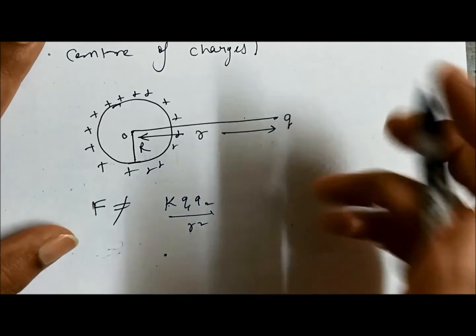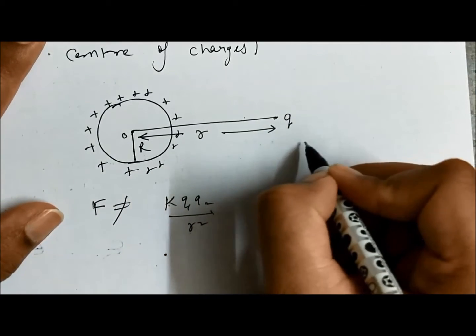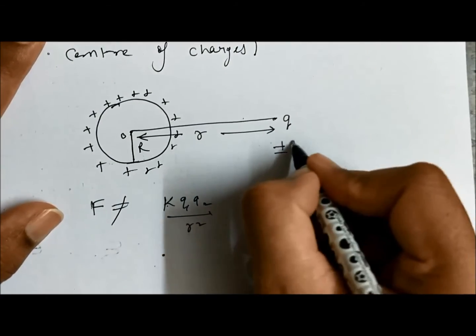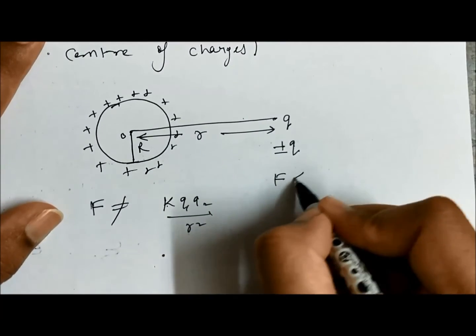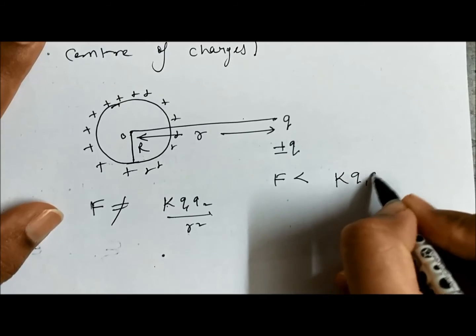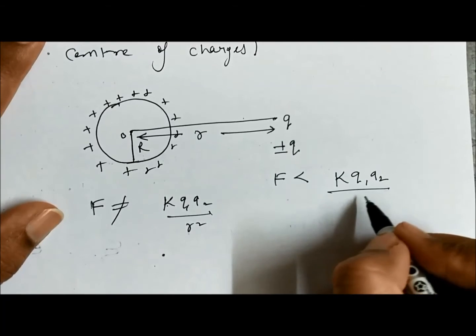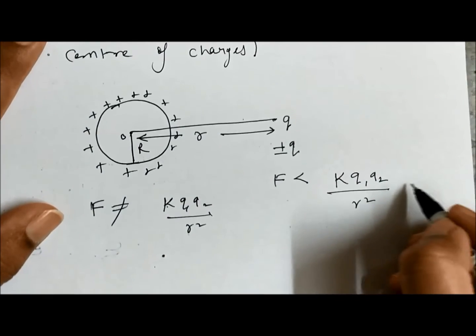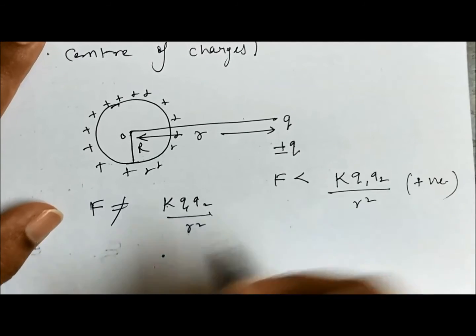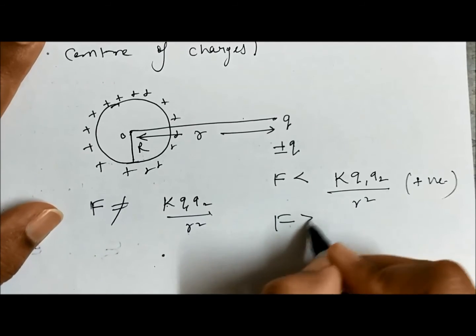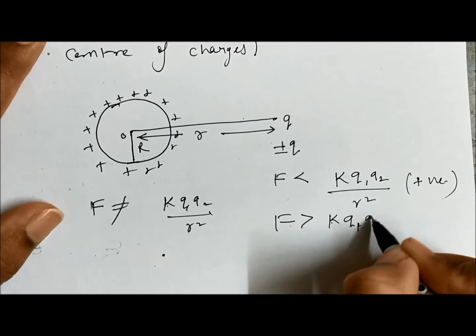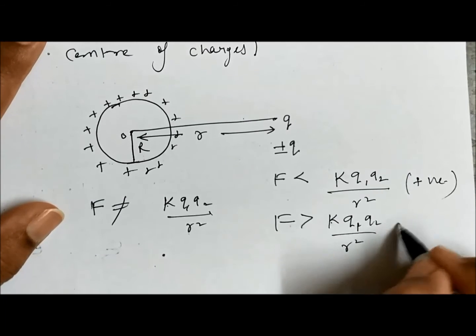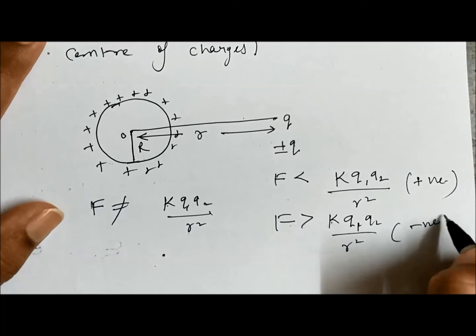If this charge is plus or minus q, then if the charge is positive, F will be K q1 q2 upon r square. Force will be greater than K q1 q2 upon r square when q is negative.